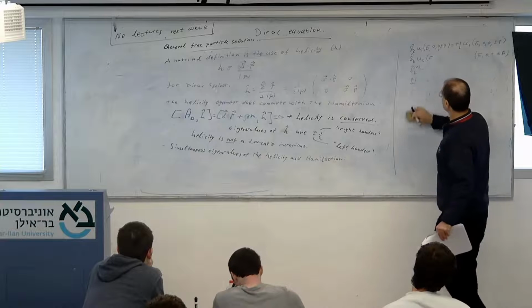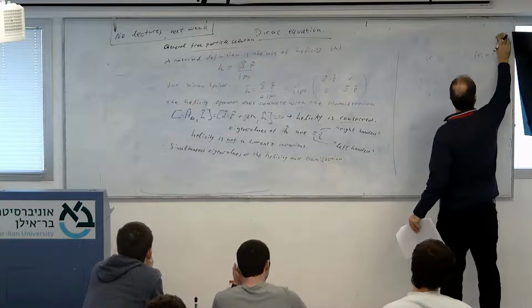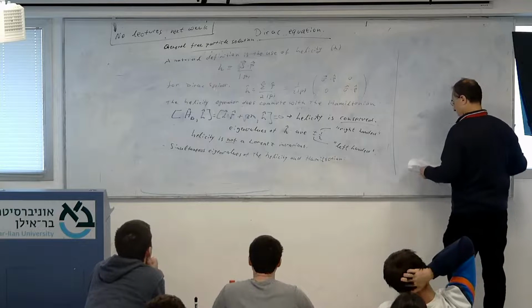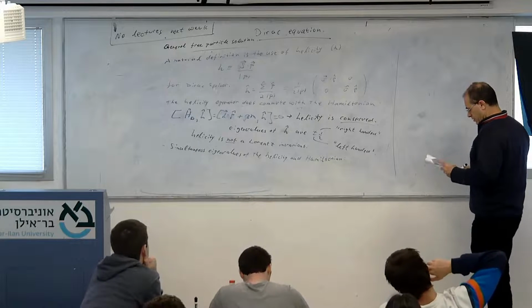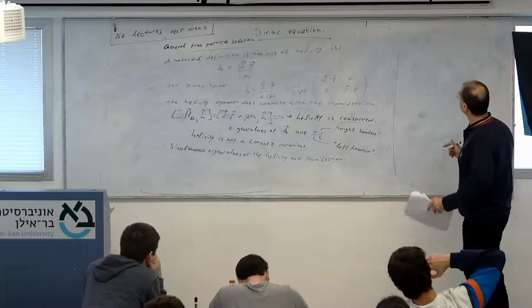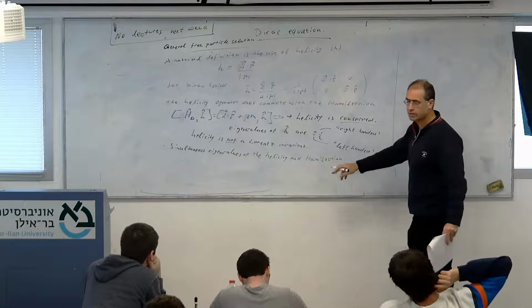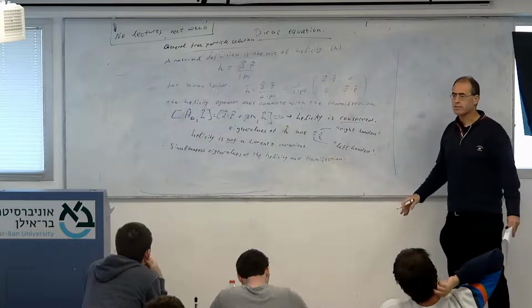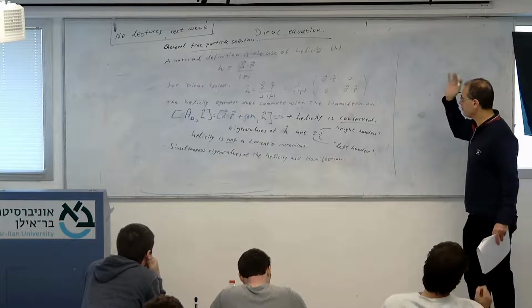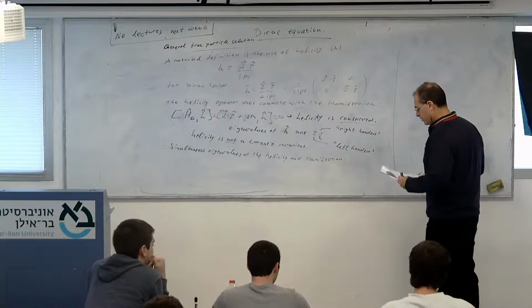So I'll just give you these simultaneous eigenstates. I'm just giving you the final result without doing the derivation, which will take another 10 minutes. It's just mathematical in nature. Basically, you can just do it. It's not more difficult than everything we did so far.